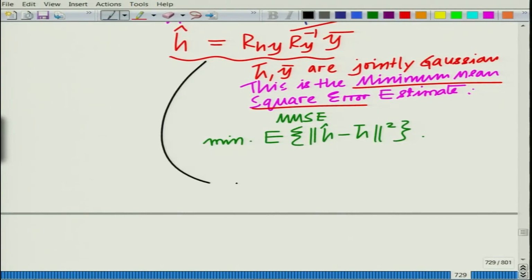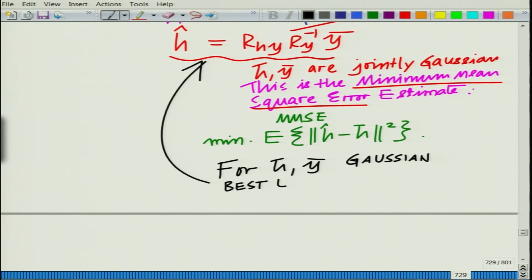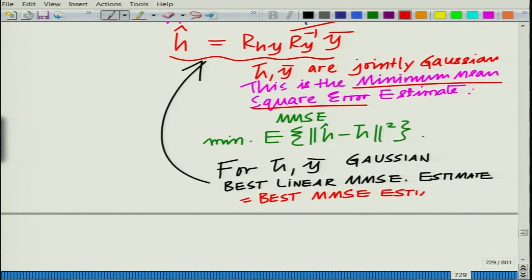Something important to note here is that for Gaussian h bar and y bar, the best linear estimate, that is the LMMSE, equals the best MMSE estimate.